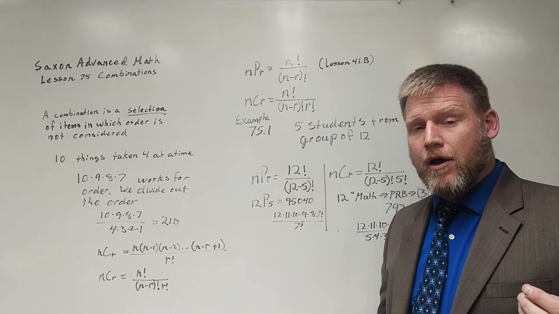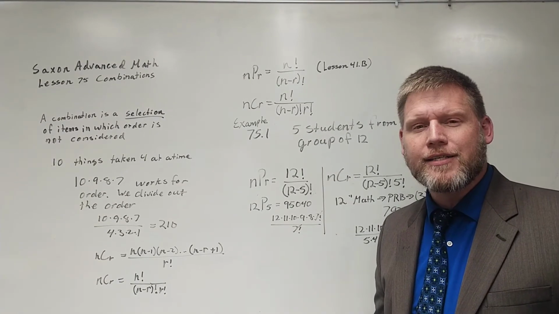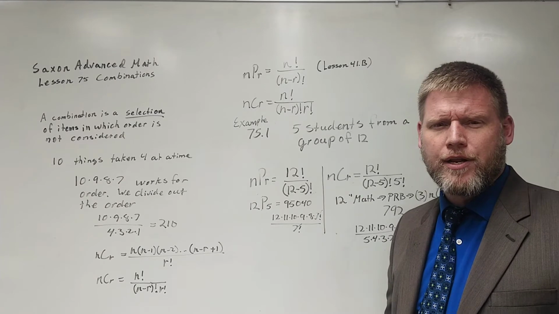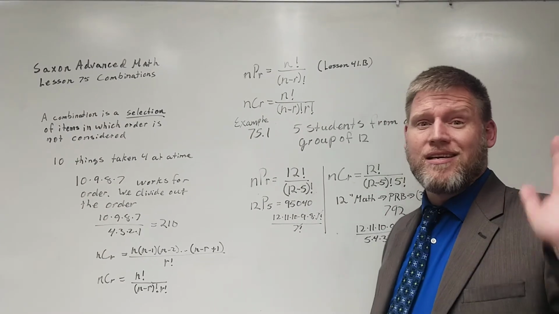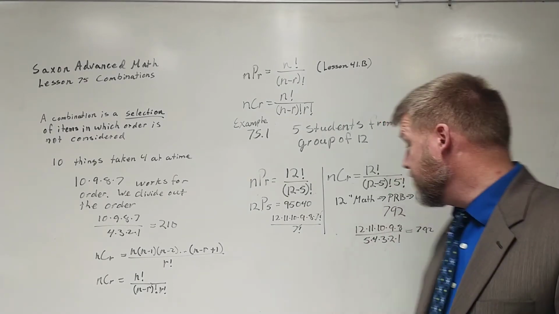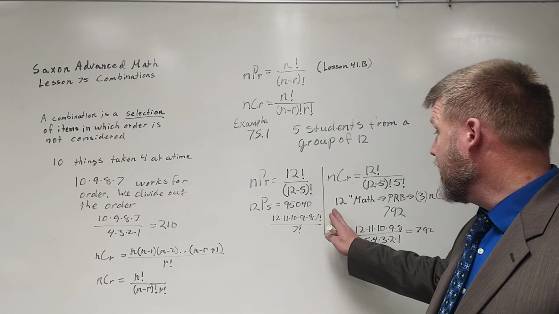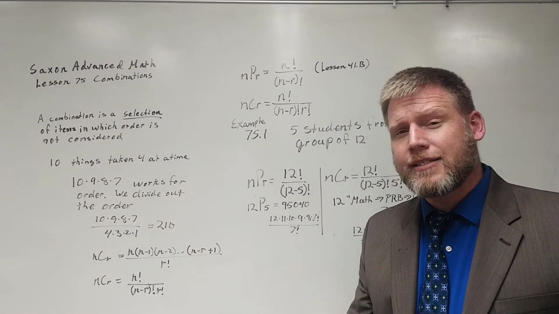So the way the programmers designed the TI-83 or 84 Plus or 84 Silver Plus CE or whatever it is, is that you put in the first number, your n, first, go to the math menu and hit nCr, and then add the second number.